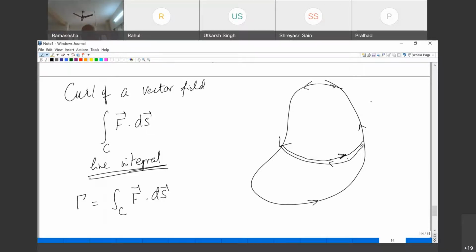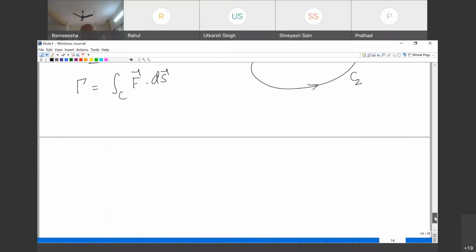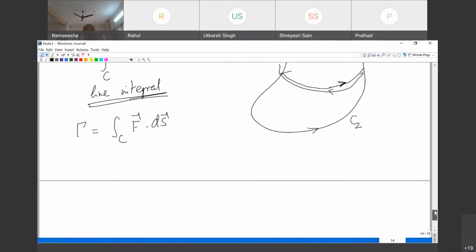So this is C1, this is C2. And this I can actually subdivide.